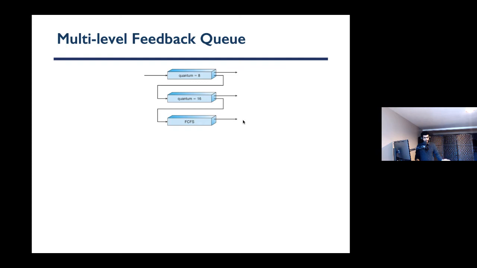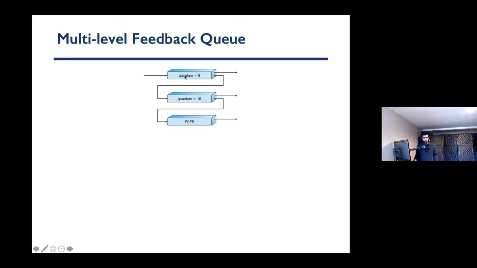This variant is called multi-level feedback queue. And the idea is to have a high priority queue at the top, and then some other queues. In this example, I have 3 queues in total, but you can have as many queues as you want.